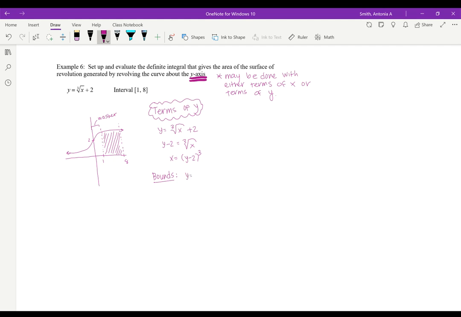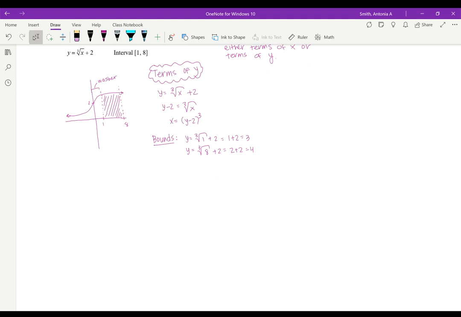So y equals the cube root of 1 plus 2, which is 3, and y equals the cube root of 8 plus 2, which is 2 plus 2, which is 4. So instead of integrating from 1 to 8, we will integrate from 3 to 4.